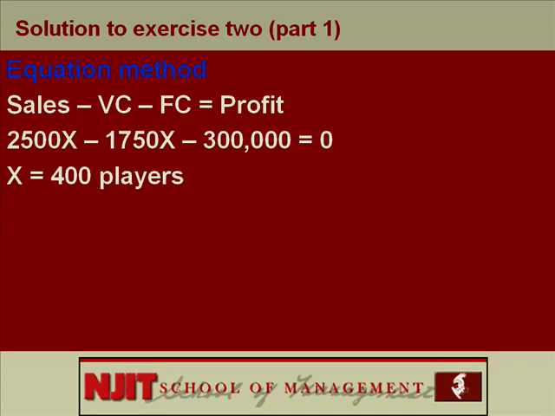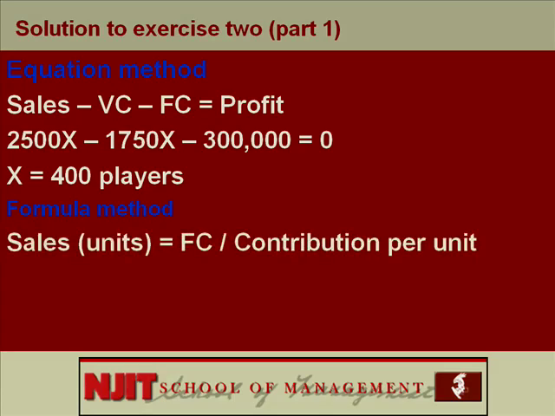Now let's do the formula method. Formula method, you have the formula in front of you. Which one is the best formula? We're talking break-even point. So it's on the left of your formula sheet. And do they want the sales in units or in dollars? It's in units. So it's the top formula on the left in your formula sheet, which is sales in units equals fixed cost over contribution per unit.